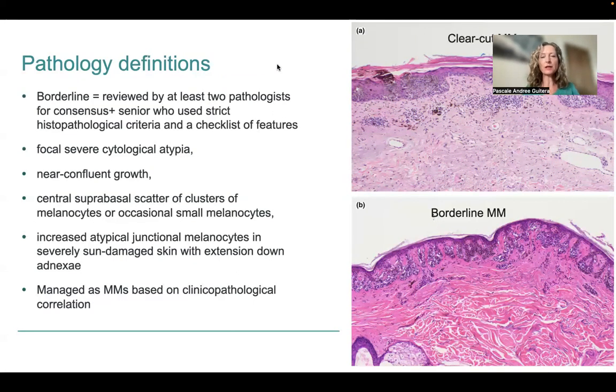So he defined borderline as focal severe cytological atypia, near confluent growth, central suprabasal scattering or clusters of melanocytes or occasional small melanocytes, increased atypical junctional melanocytes in severely sun-damaged skin with extension down the adnexa. And also very important, all these lesions have been managed as melanoma with a wider excision during our clinicopathological correlation time, that is every Friday morning in the multidisciplinary meeting.